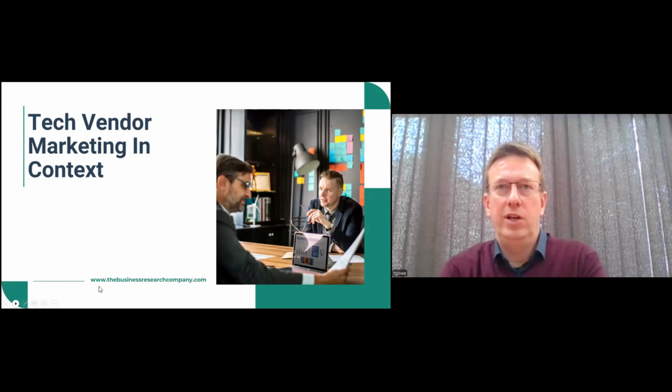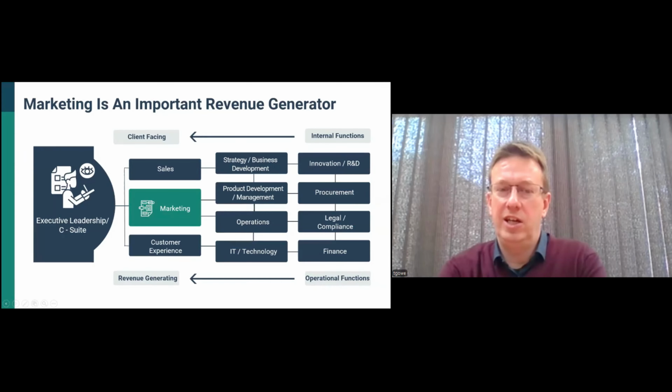If we go on to the next slide, we're looking at the organization of a technology vendor. Obviously, I've simplified this, but I think most technology vendors of a certain size will operate with these types of functions. At the top, we have the executive leadership, the board, the C-suite, who are clearly making important decisions, running the company.